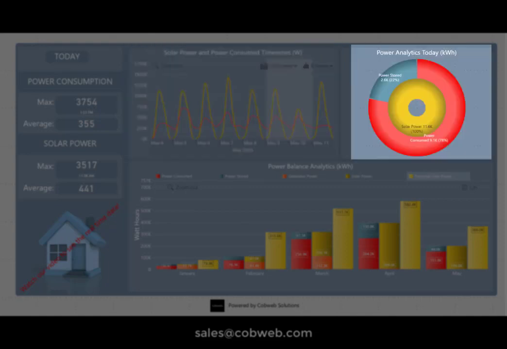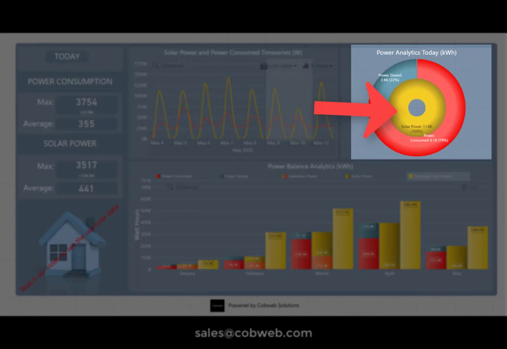The donut on the top right, there are two rings to the donut. The central ring shows the power coming in. Now that can be from the generator or from solar power. Today, the generator was not switched on, so our entire power came from the solar panels, and it's approximately 11 kilowatt hours we managed to gather.